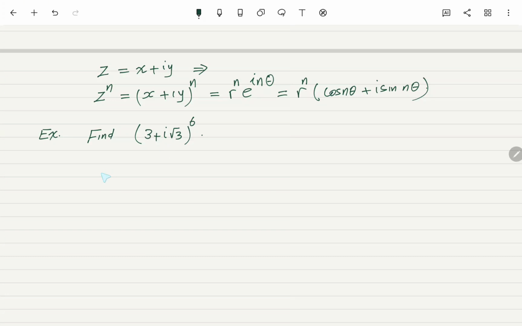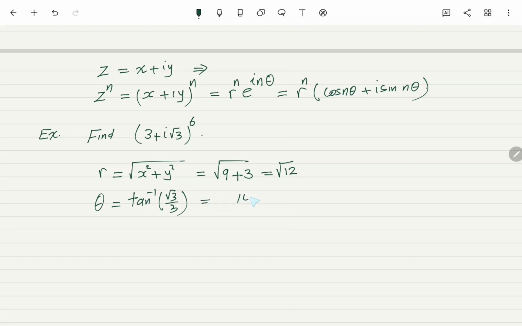So let's find r equal to square root of x squared plus y squared, which equals 9 plus 3, or square root of 12. Theta is equal to tan inverse y over x, which equals, in this case, pi over 6.